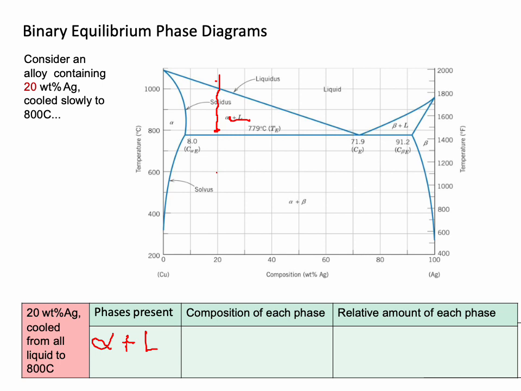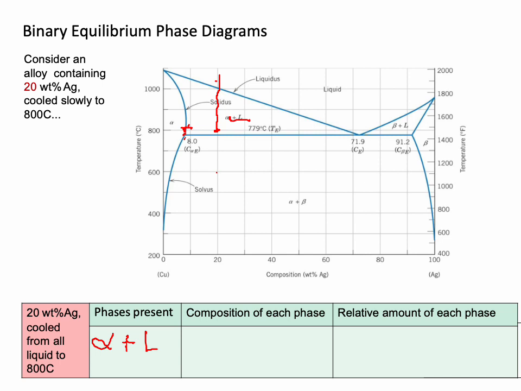All right, the composition of alpha is going to be right there where this 800-degree line intersects the solidus. So if I read straight down, I know that this point is 8. It might be a hair bigger than 8, but it sure just looks like it's still 8 at that temperature.